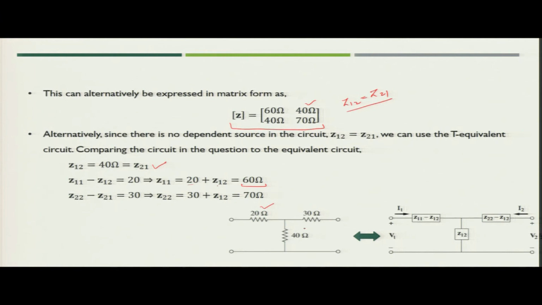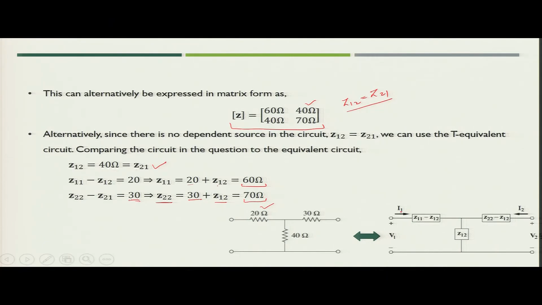Finally, the value of Z22 minus Z12, if you see in this figure, is equal to 30. Since Z12 is equal to Z21, you can say either Z12 or Z21, both are the same. So, you will get Z22 is nothing but 30 plus Z12, which is equal to 70 ohm.